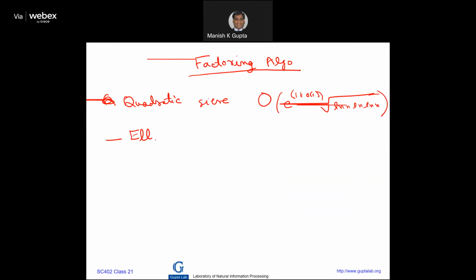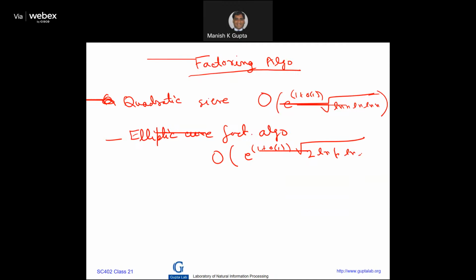We have the elliptic curve factoring algorithm, and that has complexity big O of e raised to the square root of two log p log log p.